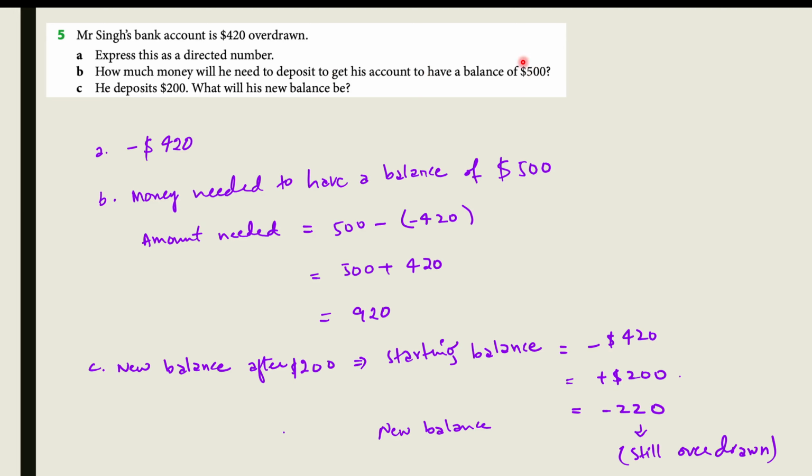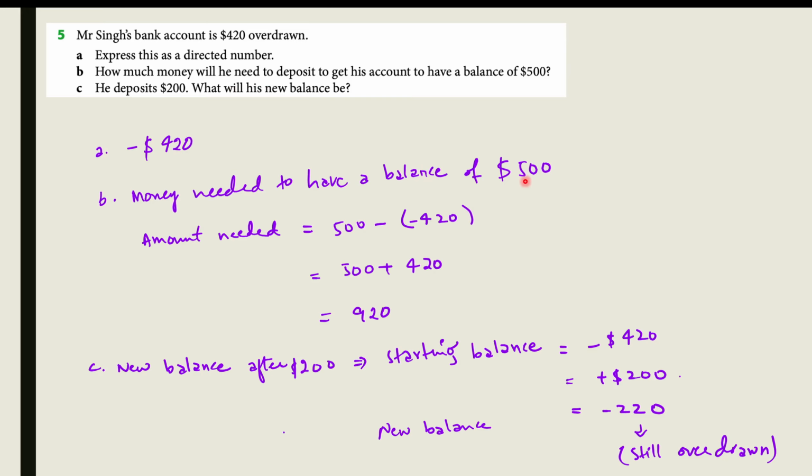Now here, how much money he needs to deposit to have a balance of 500 when he has already overdrawn $420 from his account. Many students wonder why we write it this way.